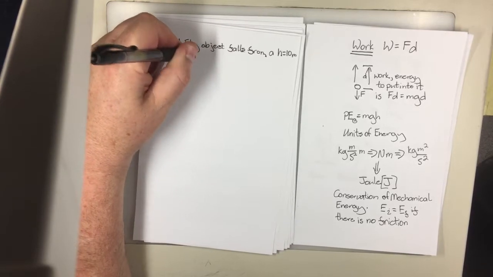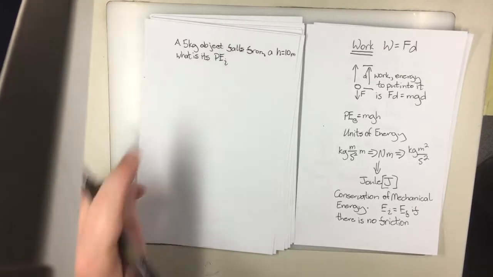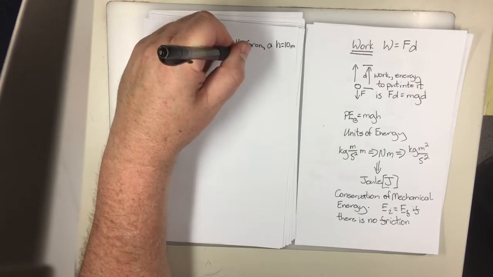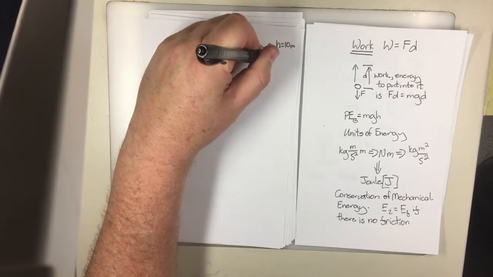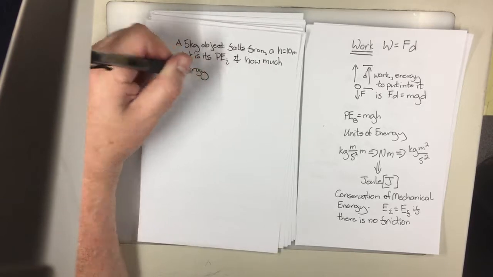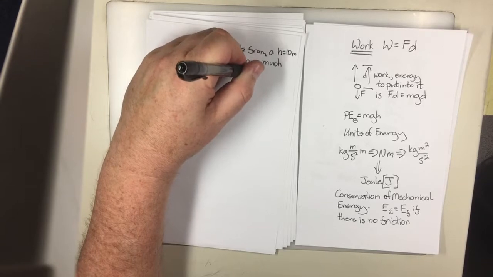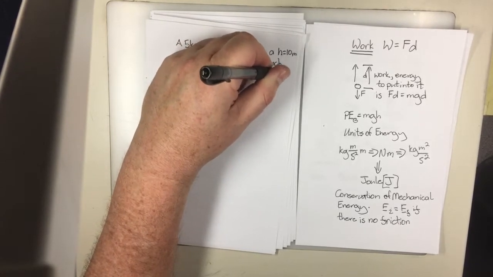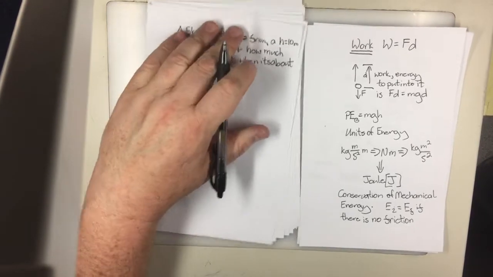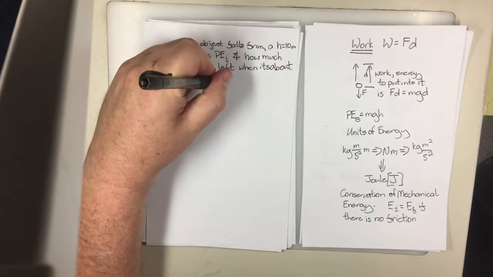What is its potential energy at the beginning, or PEi, and how much energy is left when it's about to hit the ground?